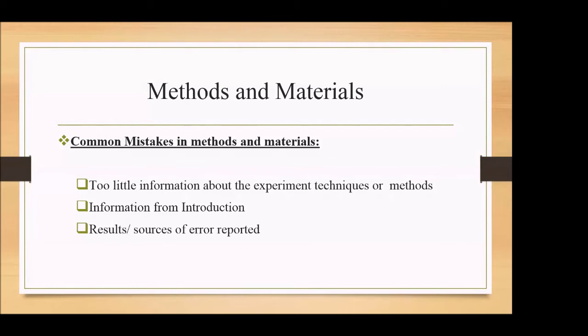Or maybe you put in information from the introduction, or some results or sources of error. Here you don't report any findings yet, not yet. Here you describe and specify the methods or the materials that you used.